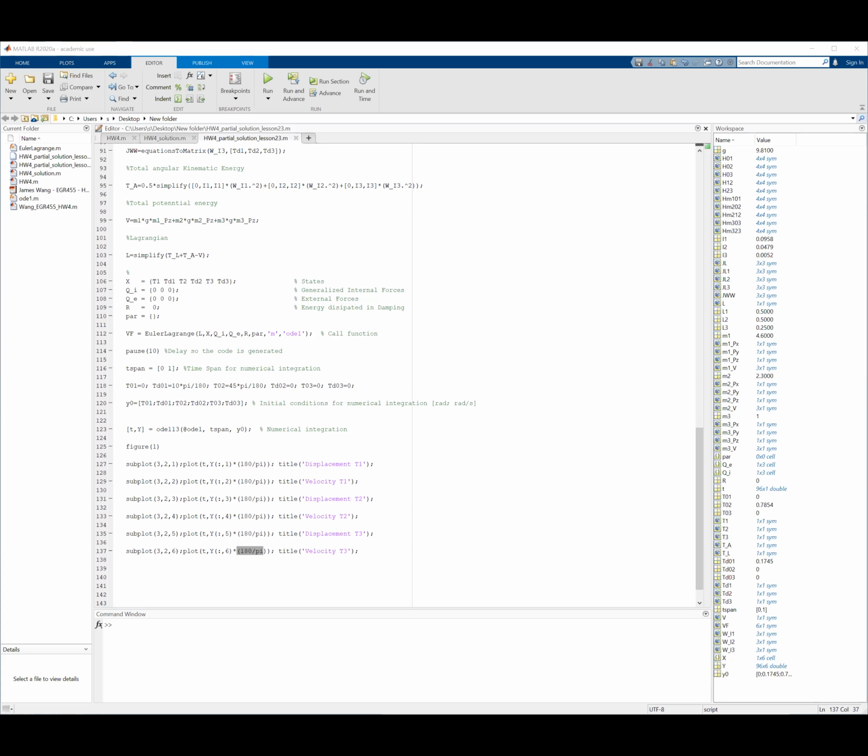So just go up and you should be able to copy and paste from my chat window. Okay, any other questions related to this code?